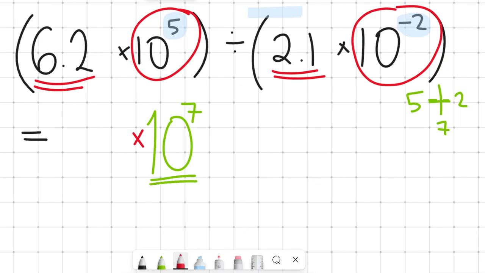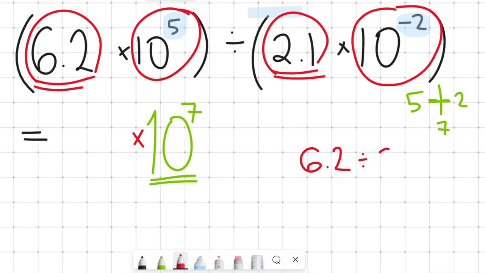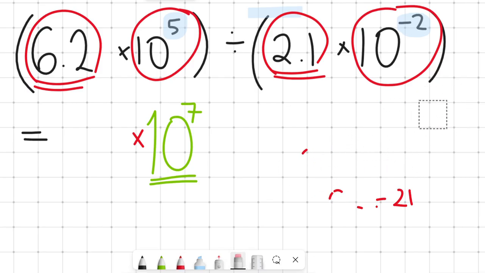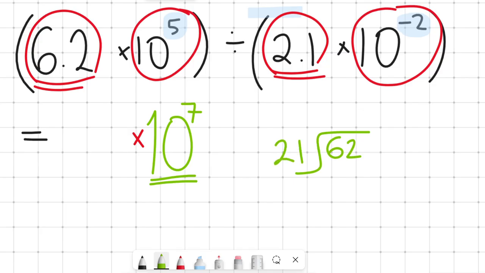All right, the only thing we need to do is 6.2 divided by 2.1. If we multiply them both by 10, then we get 62 divided by 21. All right, let's do long division here. 62 divided by 21. 21 into 62 fits, let's try, it fits 2 times, right?